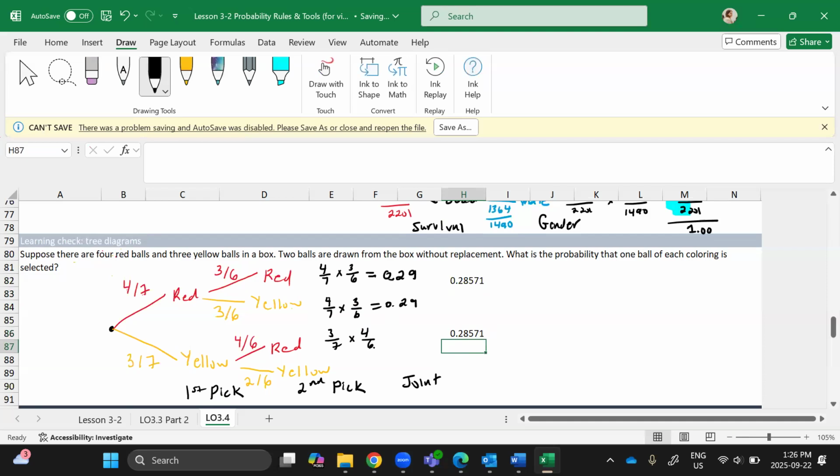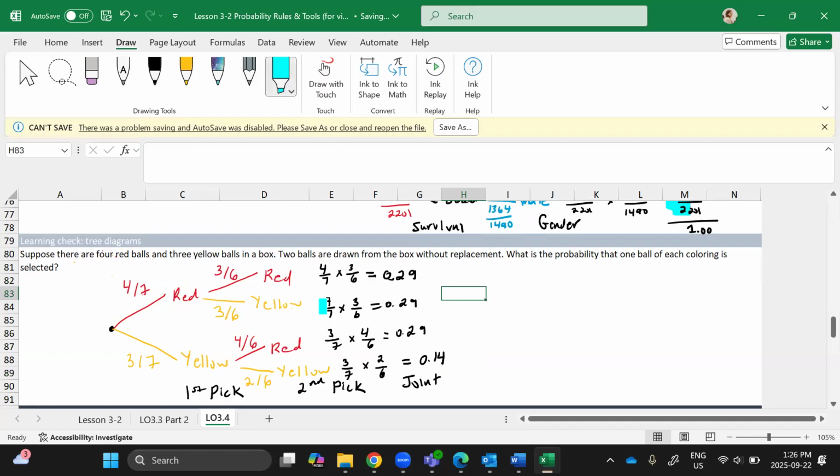Yep, about 0.29. And finally, for the yellow, this is the only one that's different. 3 over 7 times 2 over 6. That's about 14%. Finally, the question asks, what is the probability that one ball of each color is chosen?